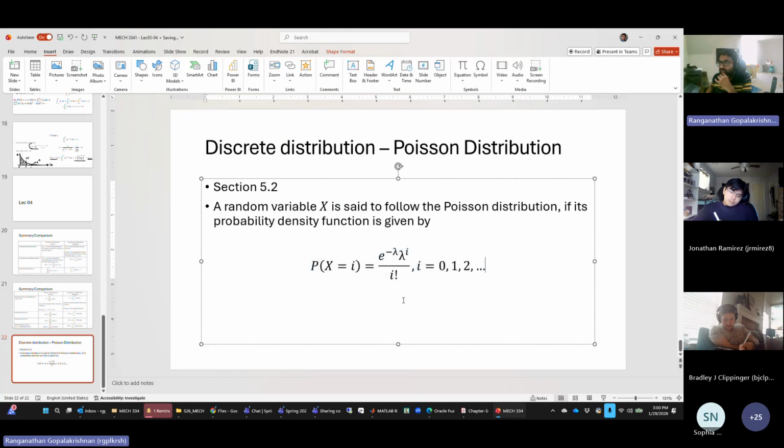So this is the Poisson distribution function.